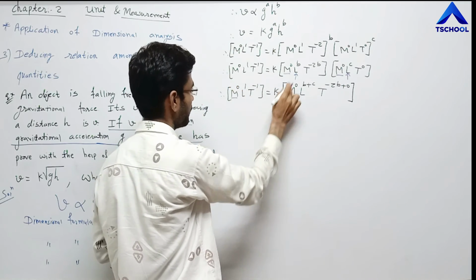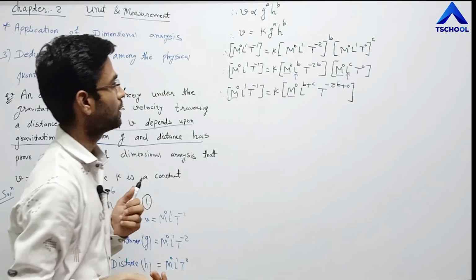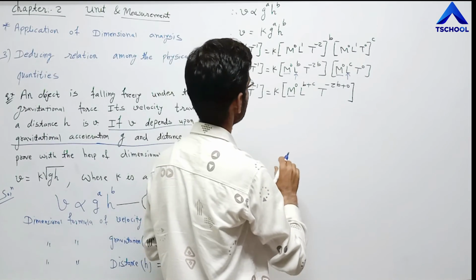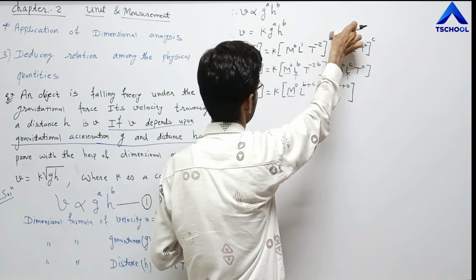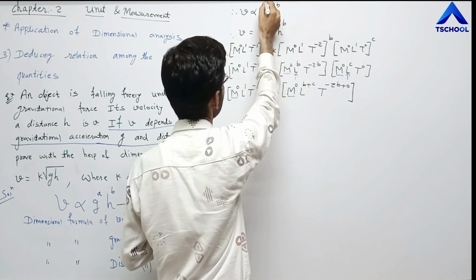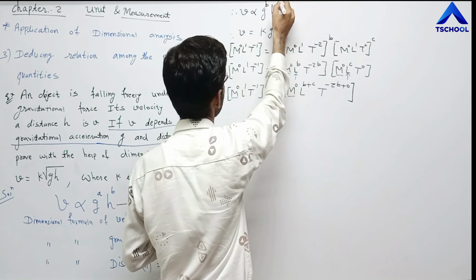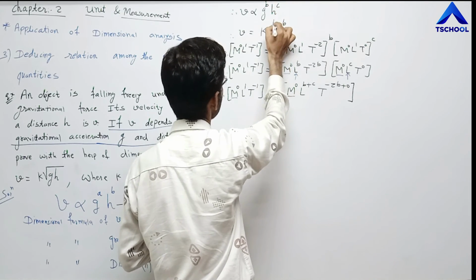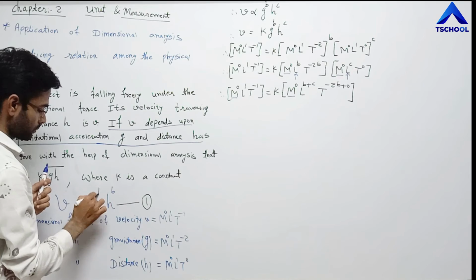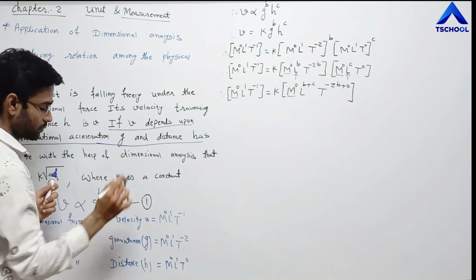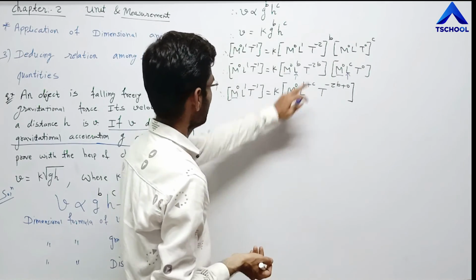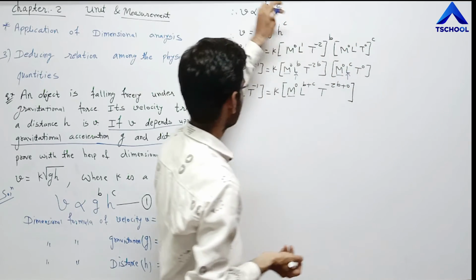Here we can write g power b and h power c. Whatever letters we use, a, b, c up to z, here we have to use b and c, that's why I write b and c.